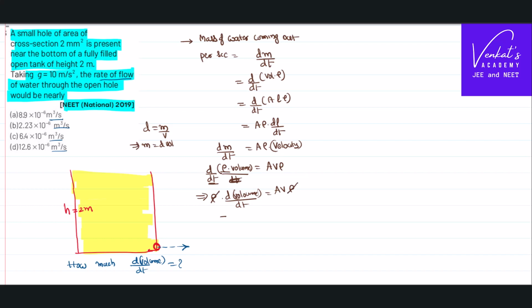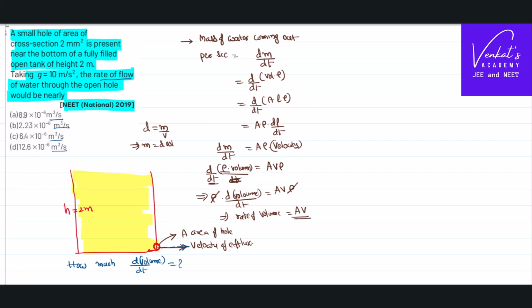Rho and rho can be cancelled. That implies the rate of volume, or rate of flow, could be written as A into velocity, where A is the area of the hole and velocity is the velocity with which it's coming out, actually the velocity of efflux. So calculating A v gives you the answer.